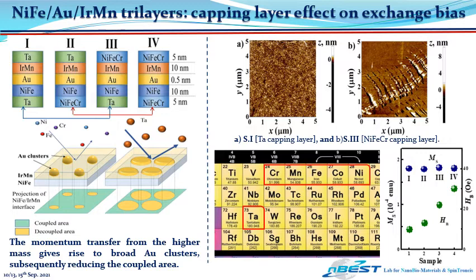It differs in its effect on the gold spacer layer in between the nickel iron and iridium manganese, and hence different coupled and decoupled areas can be obtained because of the transfer of momentum due to the higher mass of tantalum, and subsequently a difference in the exchange bias value is obtained. And this was affirmed by the atomic force microscope results.